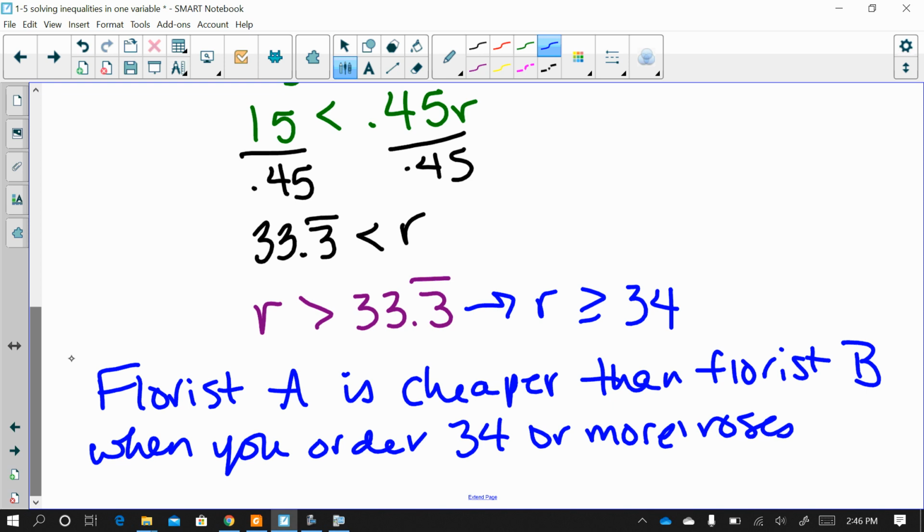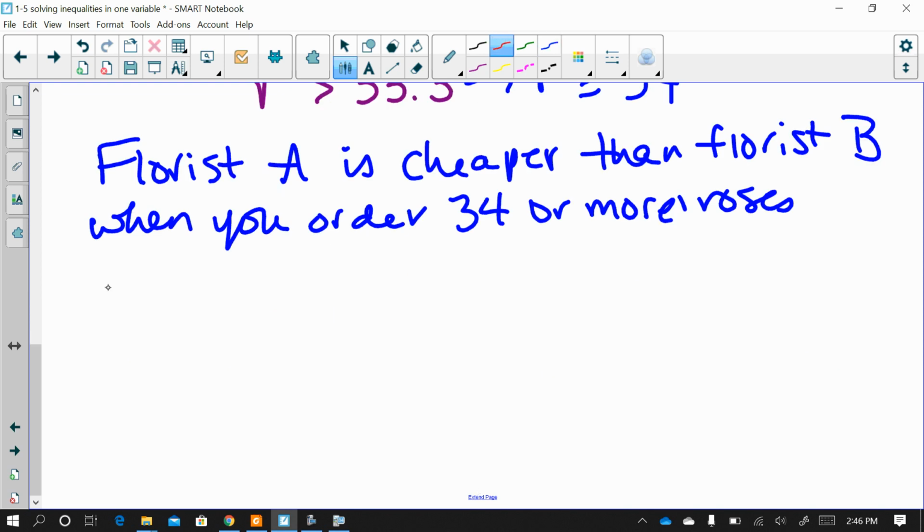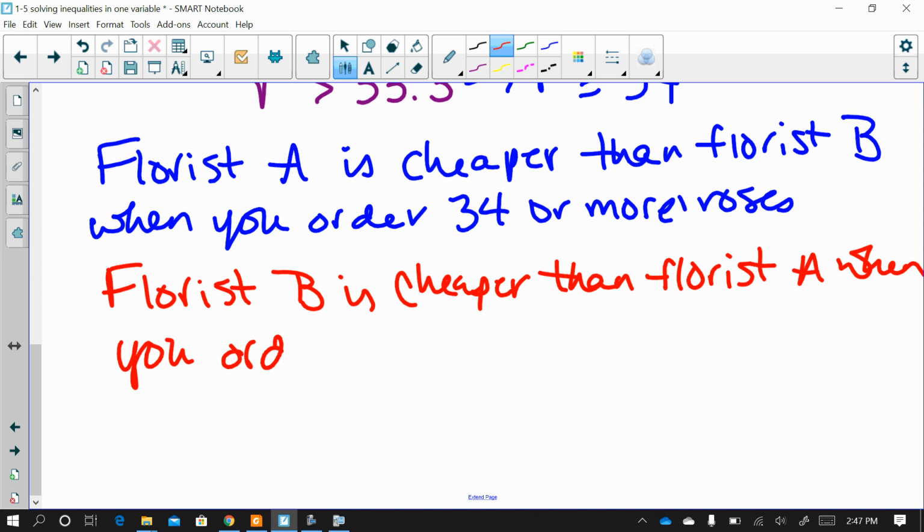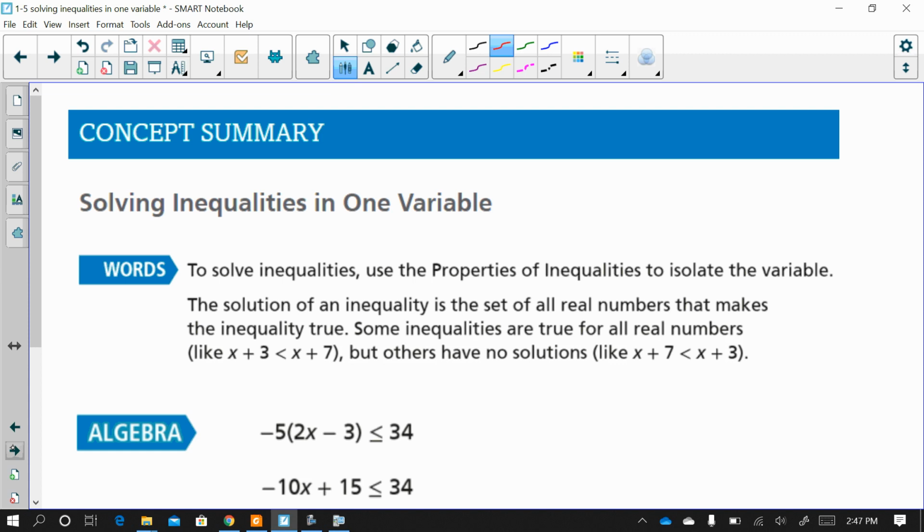And then you just flip it around for florist B, because again, it asked about florist B. So florist B is cheaper than florist A when you order less than 34 roses. And that is how you answer the whole problem.